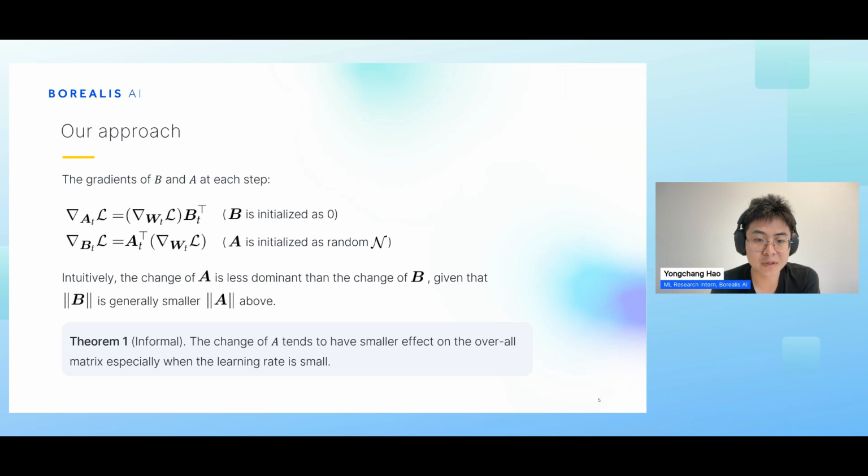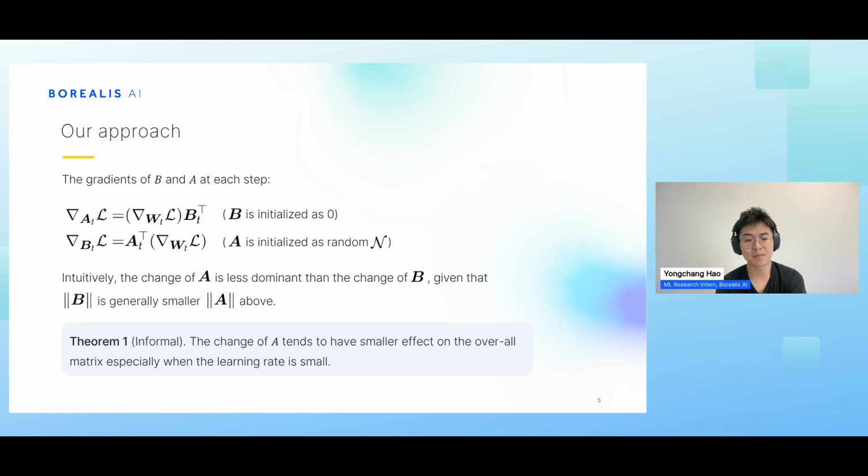So in our approach, we observe that the gradients of the matrices A and B are projections of the original gradient of W multiplied by the other part. The gradient of A is the gradient of W multiplied by B transpose. The gradient of B is the matrix A transpose multiplied by the gradient.